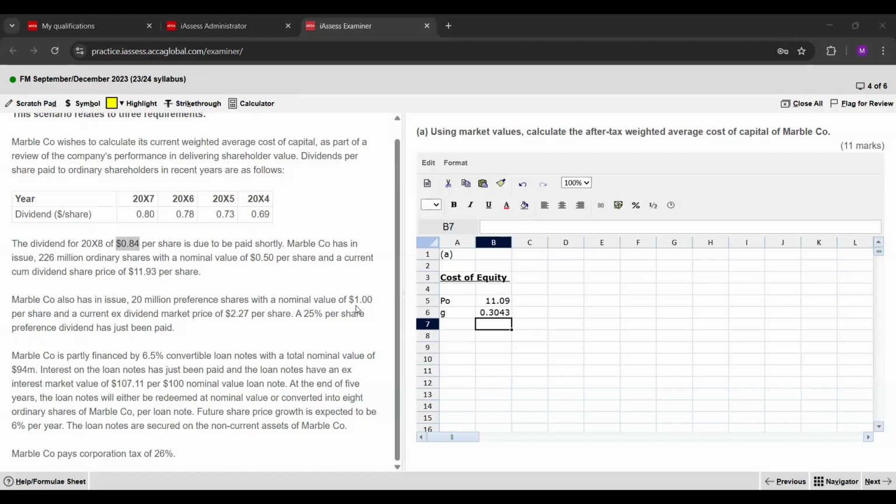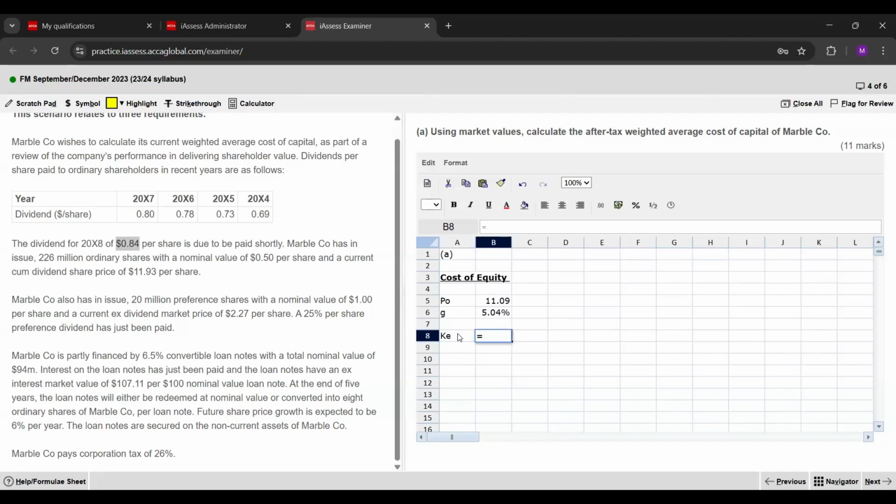Okay. It should be within brackets, then minus 1. So what is the growth rate? 5.04%. Then we can calculate the KE.